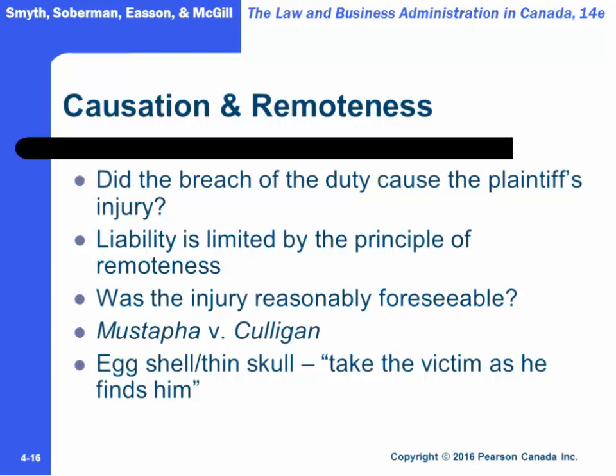Look at the second paragraph under the heading causation of damage. It says the basic test is known as the but-for test. The plaintiff must show that but for the negligent conduct of the defendant, the injury would not have occurred.